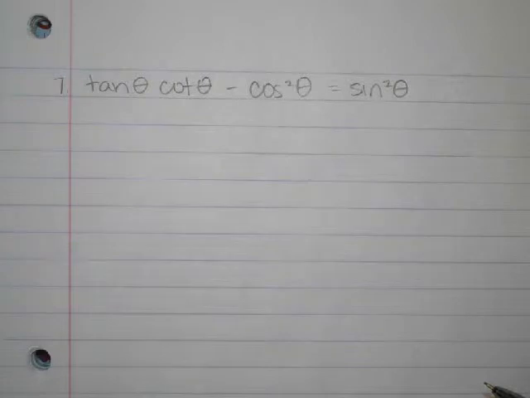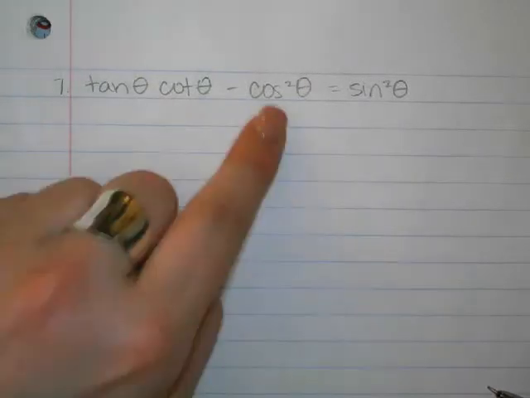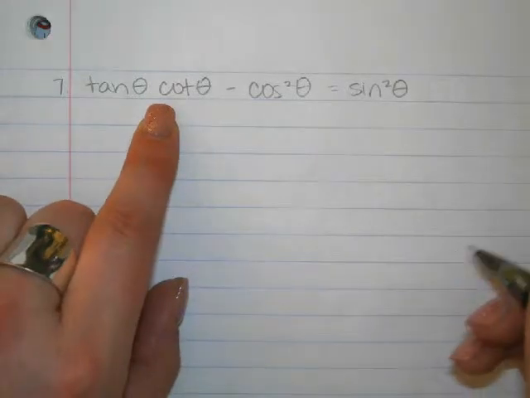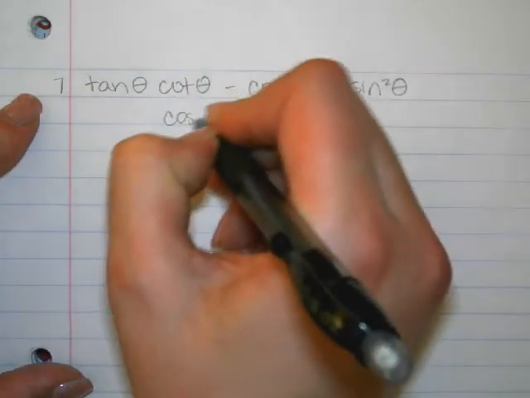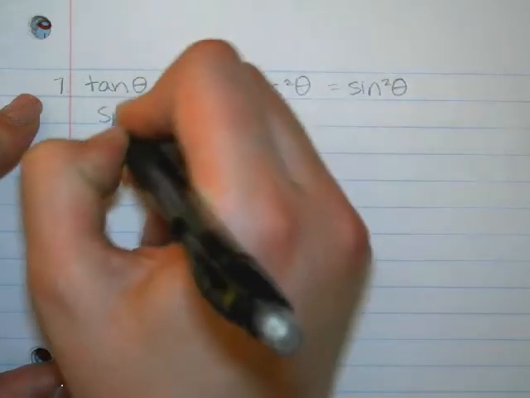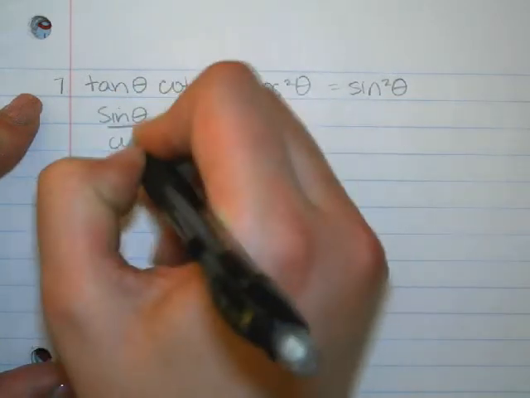Any ideas on a strategy we could use? Yeah, I would use sine and cos. So this is already cos. What can I do with this? So cotangent is cos over sine. How about tangent? Sine over cos.